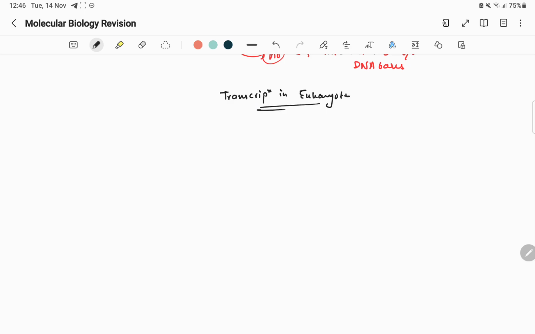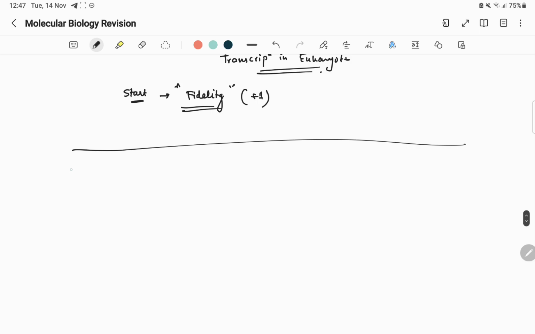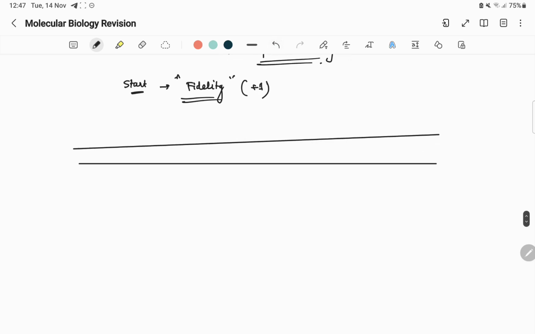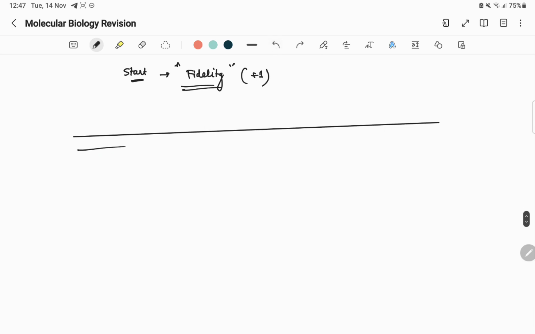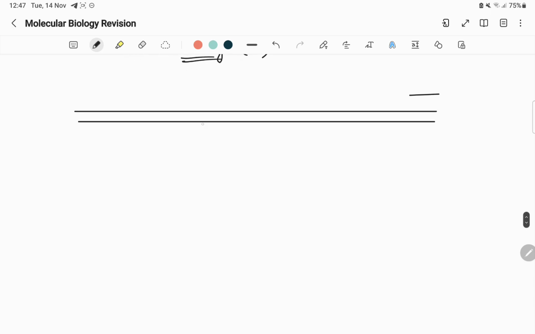Talking about transcription in eukaryotes, it is more complicated than in prokaryotes. The place where transcription starts is called the initiator. So the initiator is the start site for transcription in eukaryotes, the +1 region. So here if you have DNA, you have a +1 region, the transcription start site.